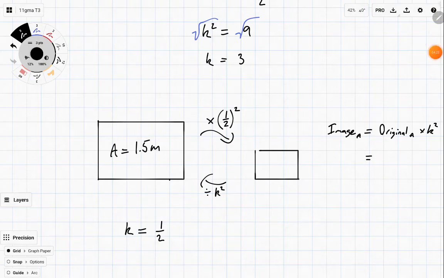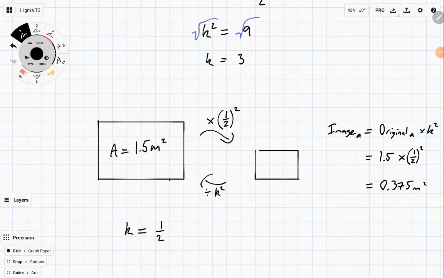So 1.5 times a half squared gives us 0.375 square meters. These should be square units because that is area. And then we go. So we can also go back and forward as well.